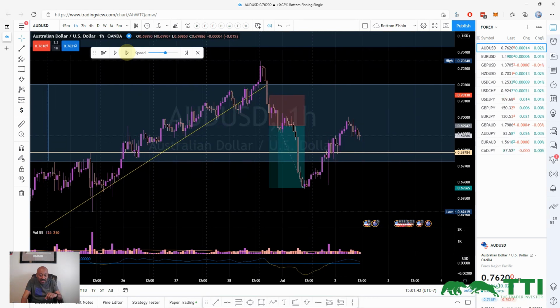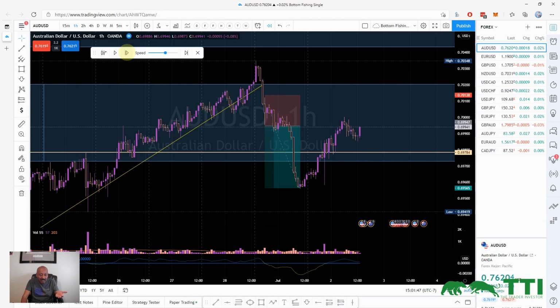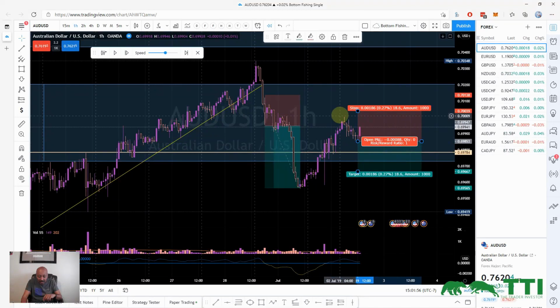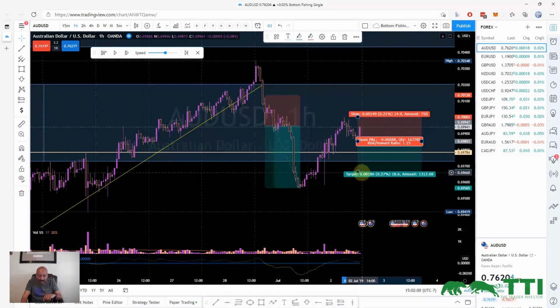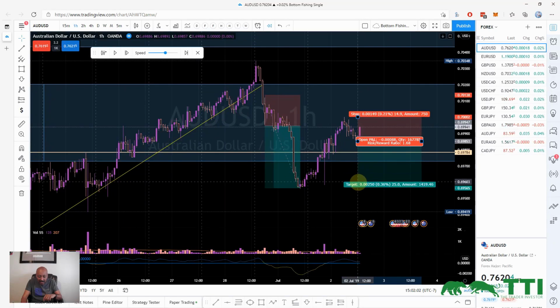Now I want to see a second structure broken to re-enter this position, right? So I will already position myself in this way. If price breaks these lows, I'm already positioning my second entry, and the first travel area is going to give me about 2.